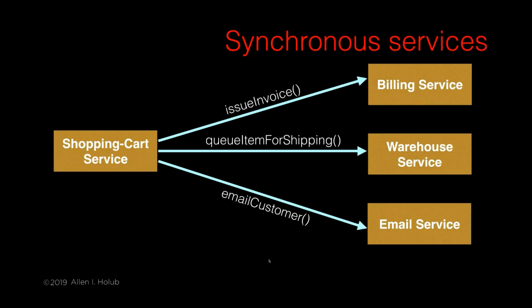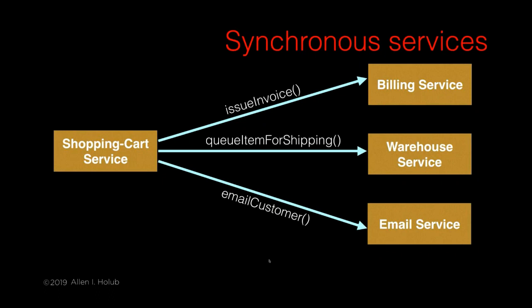There are a bunch of problems associated with this system, though. The first one is the coupling relationships between the services, even in this very simple system. The shopping cart service, for example, has to know that the billing service API has an issue invoice method on it in order to be able to work.